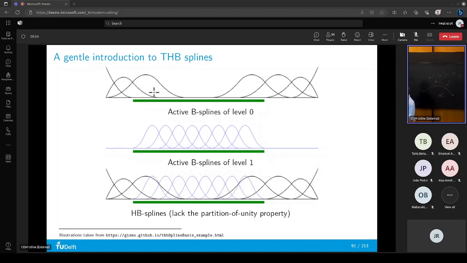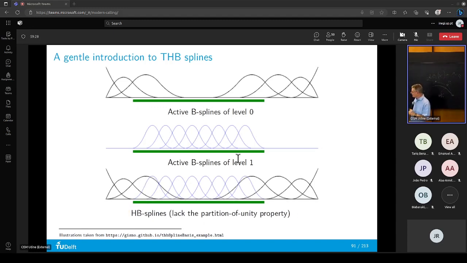If I would now add them, you see this works, but it misses something. It misses the partition of unity property. If we add up all the values along this line, they go to 1. If we do the same here, they go above 1. And that is the trick. I'm going back and forth.